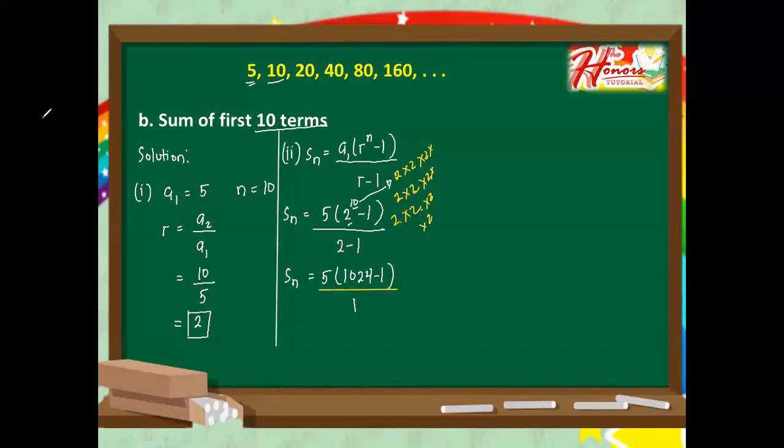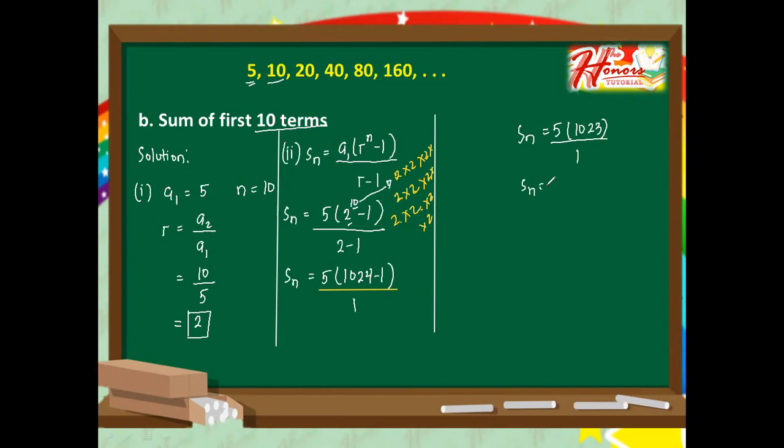Let's continue solving. So we have here S sub n is equal to 5 times 1024 minus 1 is 1023 over 1.